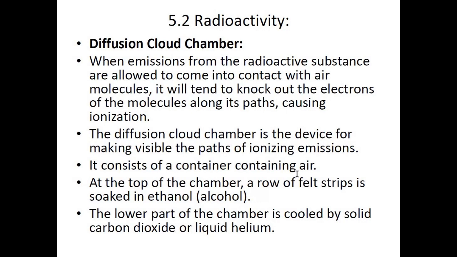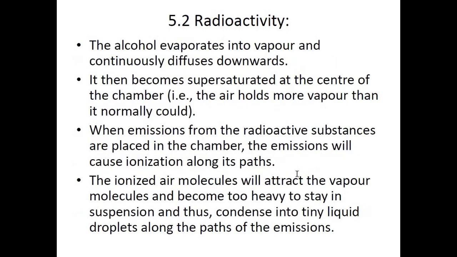At the top of the chamber, a row of felt strip is soaked in ethanol and placed on the top of the chamber, whereas the lower part of the chamber is cooled by solid carbon dioxide or liquid helium. This causes the alcohol to evaporate into vapors and continuously diffuse downwards.